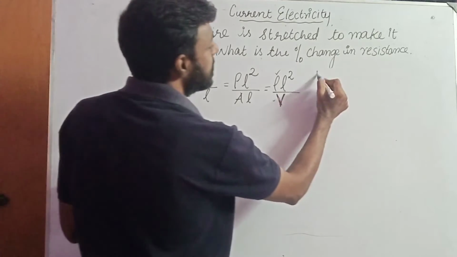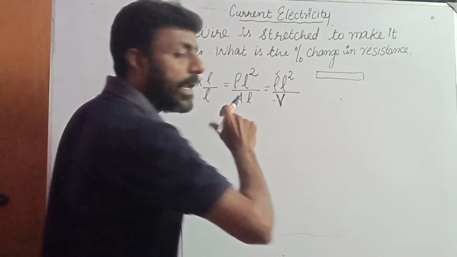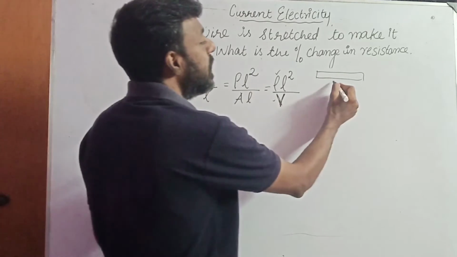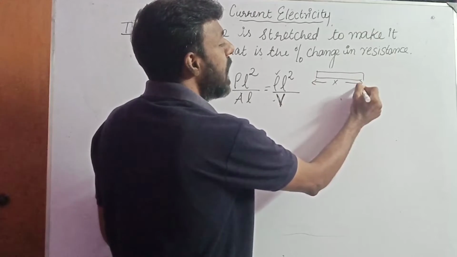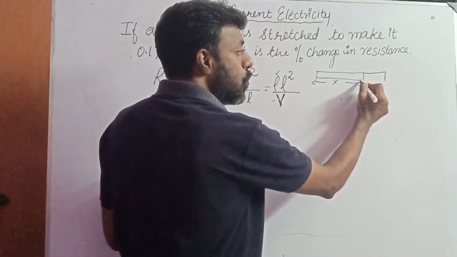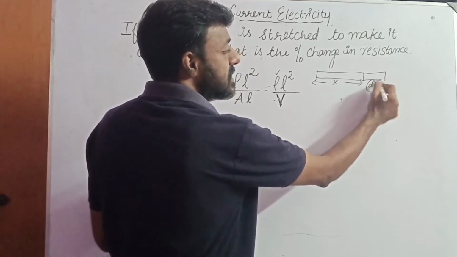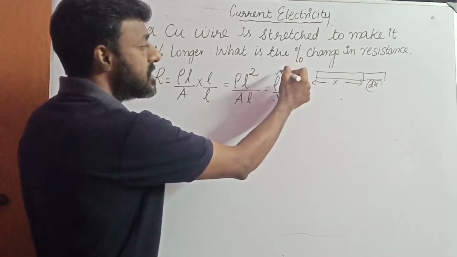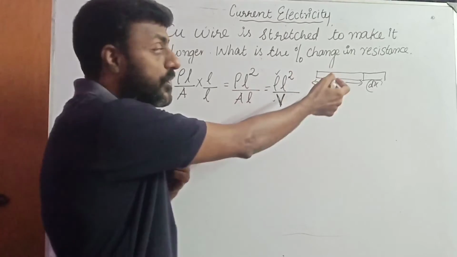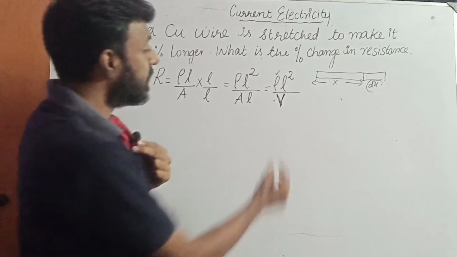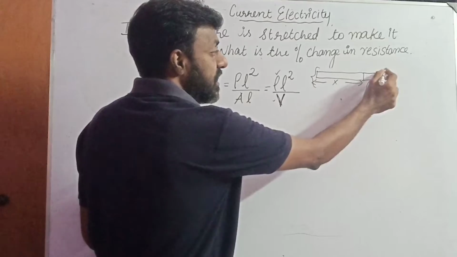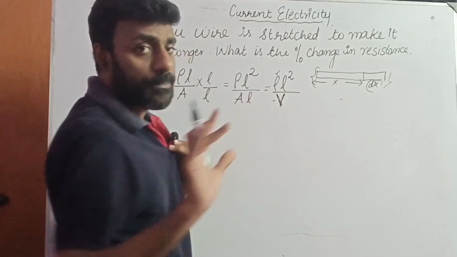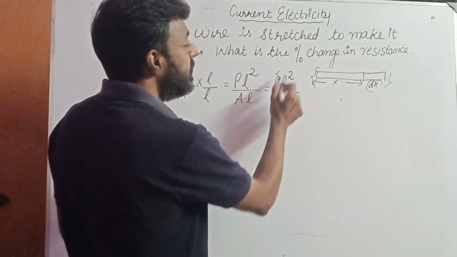When I elongate the copper wire by a small distance dx, the specific resistance of this copper wire will not change, and the volume remains constant. So rho and V remain the same, but only the length will change.